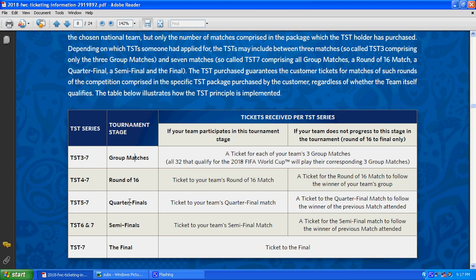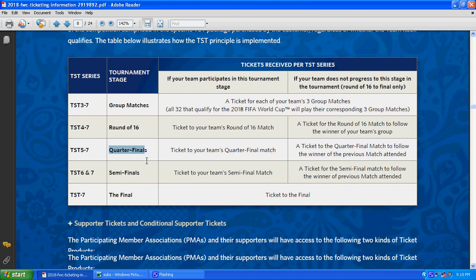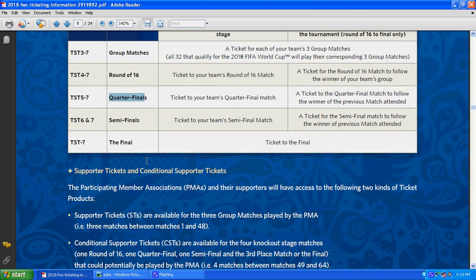Let's say you have bought till final, right? And your team gets knocked out at the quarterfinals. Then you get to watch the semi-final where your team would have played, and the final, of course, and similarly in the other cases as well. So you don't get a refund, you get a match ticket, but your team will not be playing. So that is one thing.